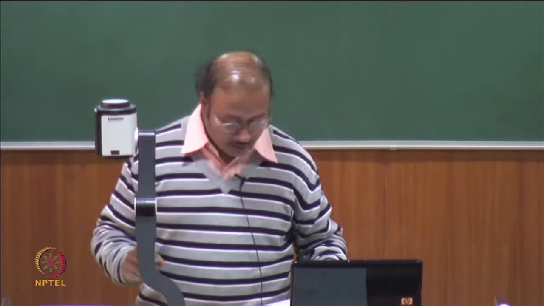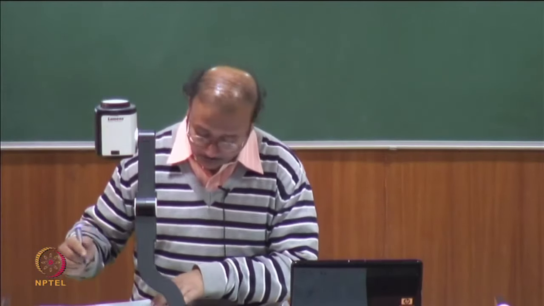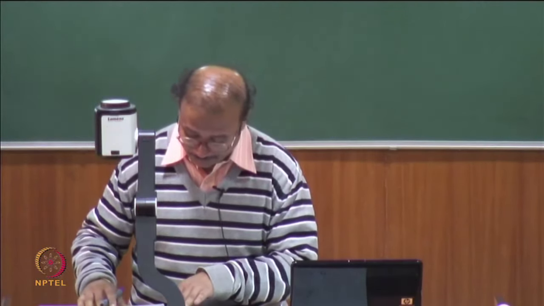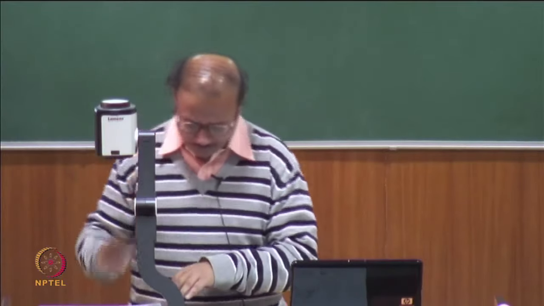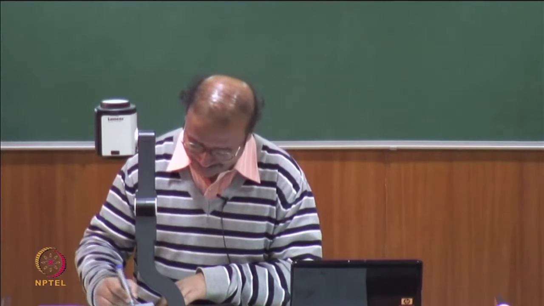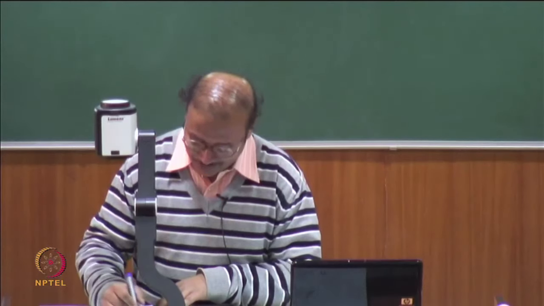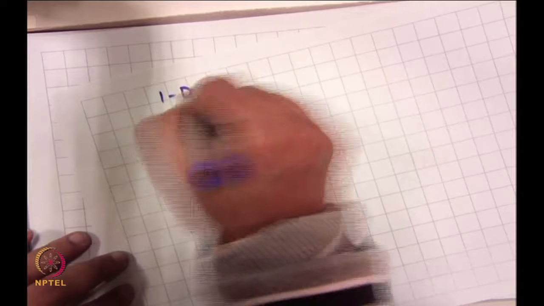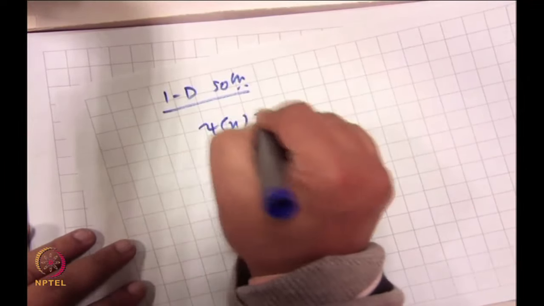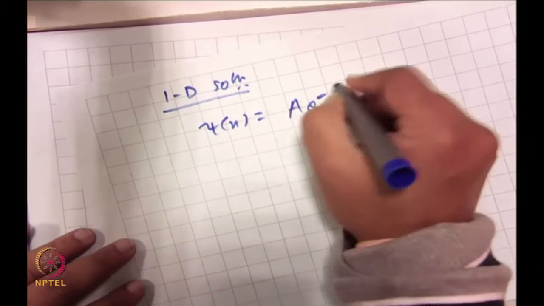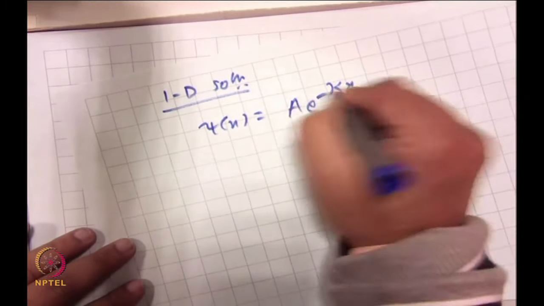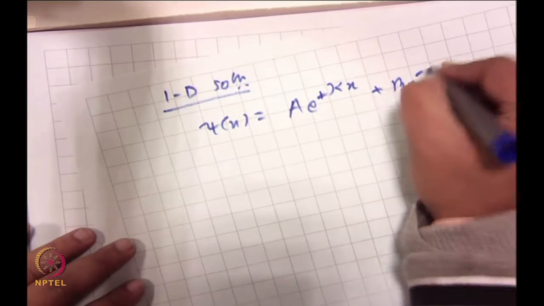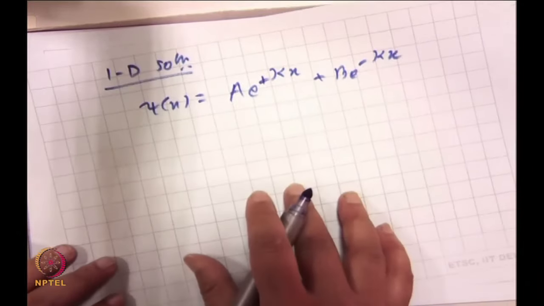You didn't tell me, I actually made another mistake. I am making too many mistakes, but anyway, tell me what mistake I made out there. No? Okay, what was my 1D solution from before? My 1D solution was psi of x is equal to A e to the power plus kappa x, plus B e to the power minus kappa x.